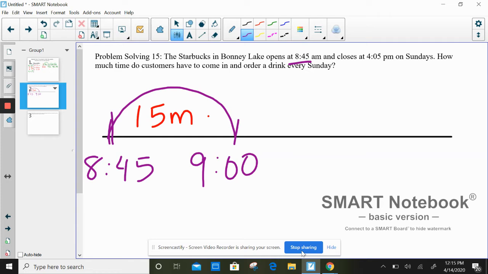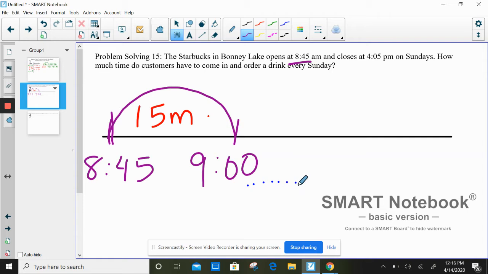All right, then I still need to get from 9 o'clock to 4:05. So I'm going to say, okay, well, 9, 10, 11, 12. I'm going to count how many hours it is to get me close to 4 o'clock. Well, I know 9, 10, 11, 12, 1, 2, 3, 4. That's 1, 2, 3, 4, 5, 6, 7 hours.